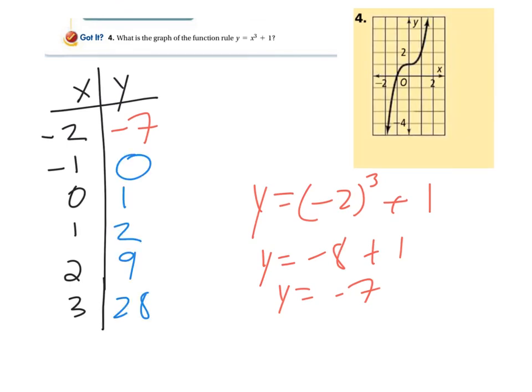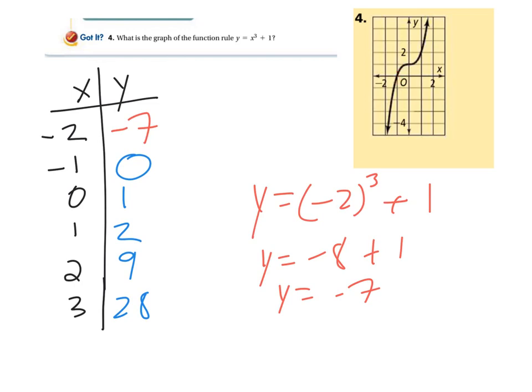Okay, so there we go. Again, a little plugging and chugging. And we go back and we go ahead and graph them. So -2, -7. Right, so we start at the center here, and I'm going to use my laser pointer. 0, right, moving over -2, and all the way down to -7. That's going to be down here. And then -1, 0, that's right there where it's going to cross perfectly.